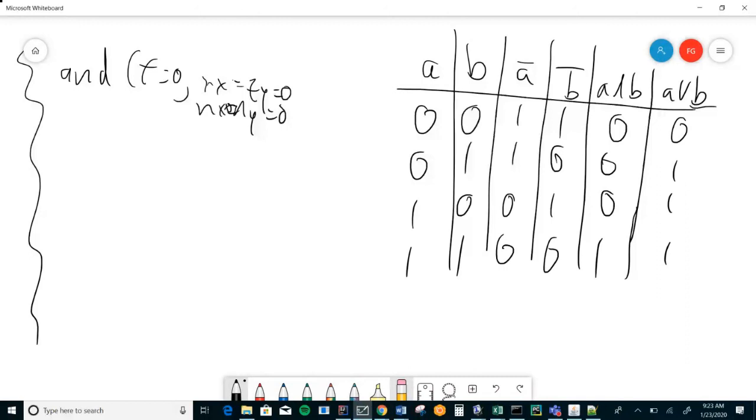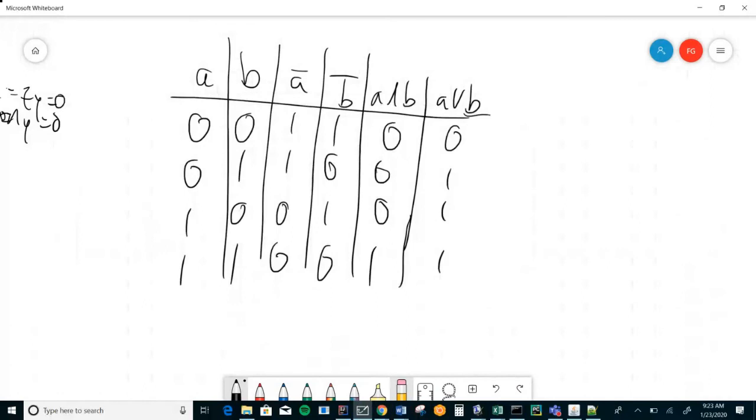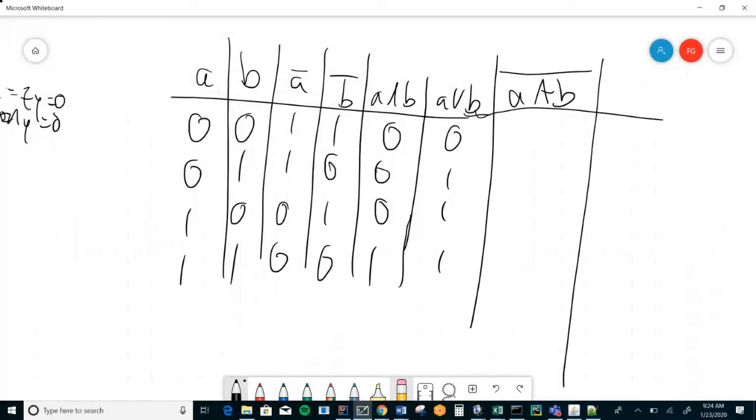So what we can try to do is think about negating an AND and then finding ways to rearrange the digits. Here's what I mean. Let's imagine negating A and B. That's NAND, of course, so I get 1, 1, 1, 0.